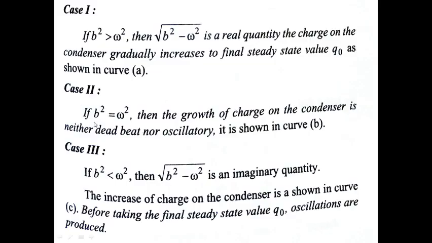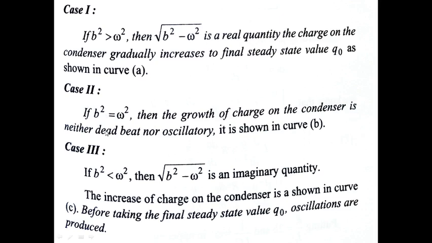It is shown in next diagram, that is curve A. So you can see with time the charge goes on increasing exponentially and finally it attains a steady value, but there will be no oscillatory motion.